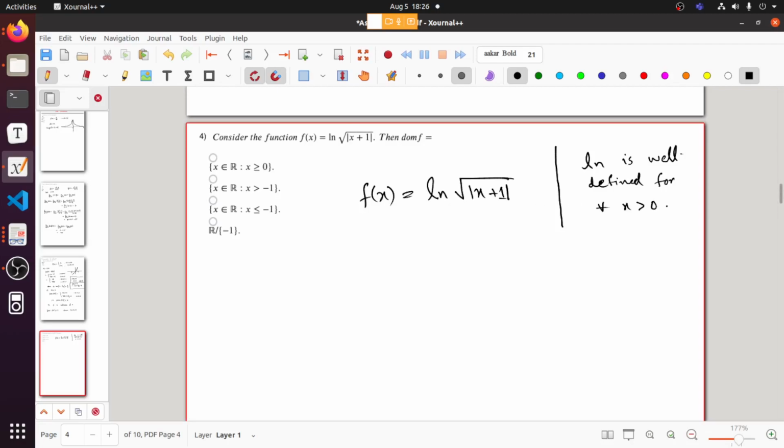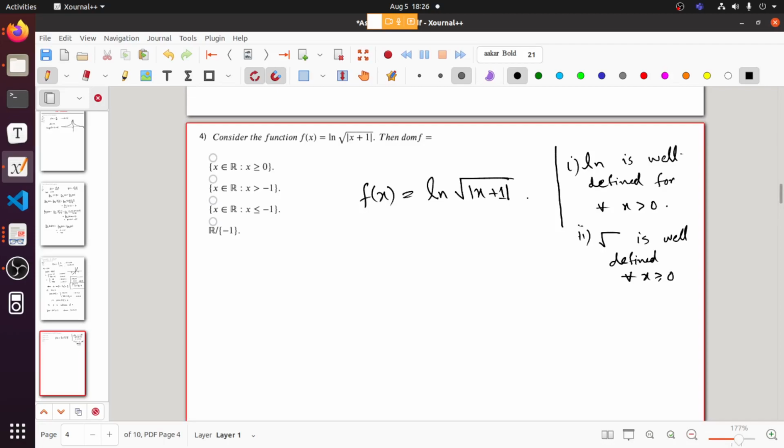So this is square root of mod x plus 1, and the square root is well defined for all x greater than or equal to 0, right?